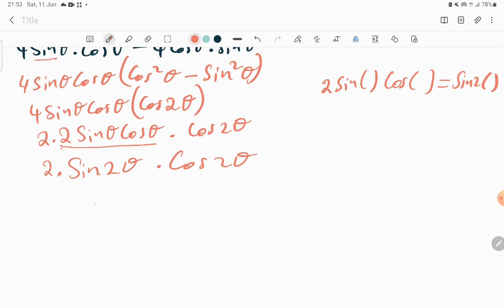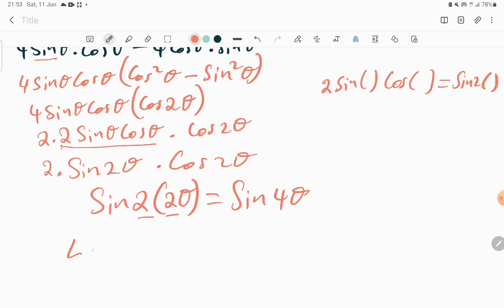That makes us to have sine 2 of this angle. Then therefore we can just simplify to say we have sine, what is 2 times 2, is just 4, then theta. So you can see that now the left hand side is equal to the right hand side, just like that.